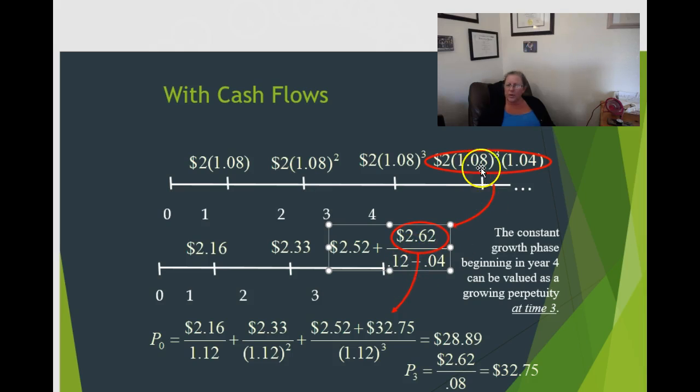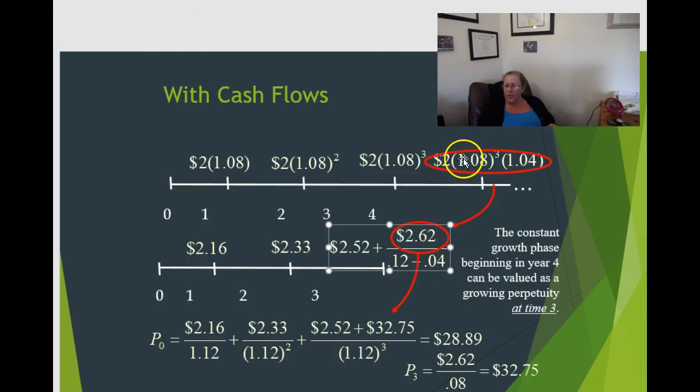So you see here they have 2 times 1.08 to the third power times 1.04. All right, so this is going to give us $2.62. We're going to then divide that by the market rate minus the growth rate, which at this point has changed from 8% now to 0.04.